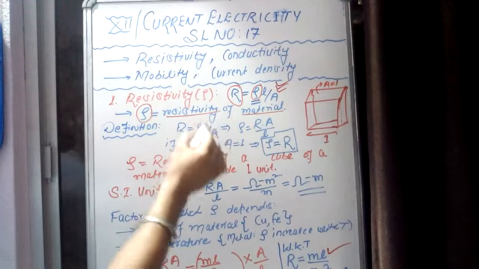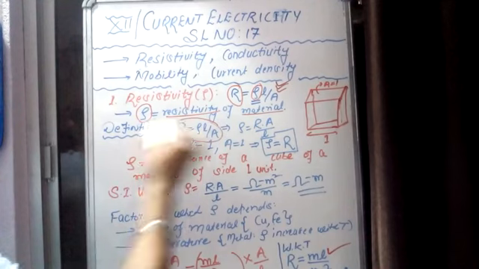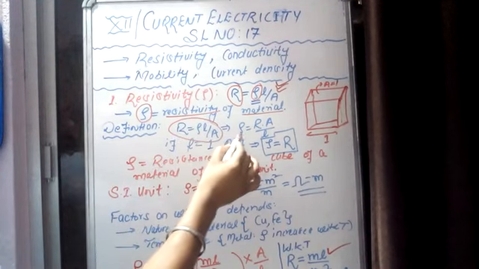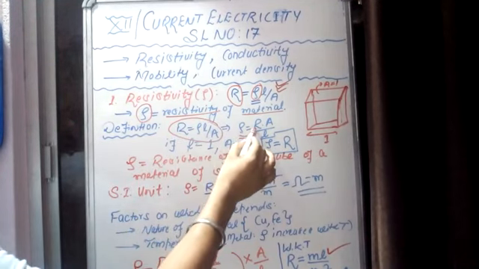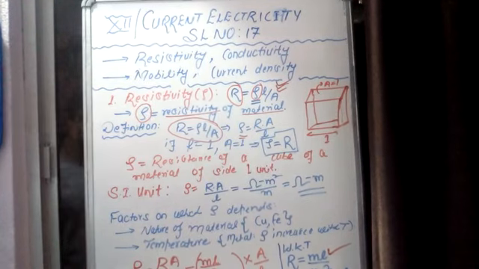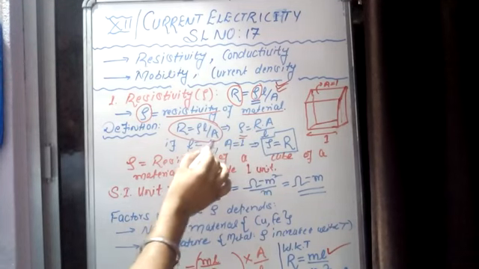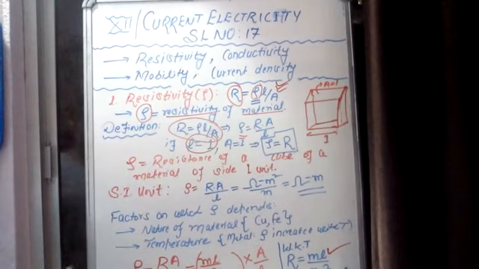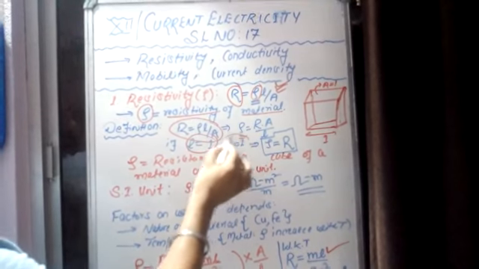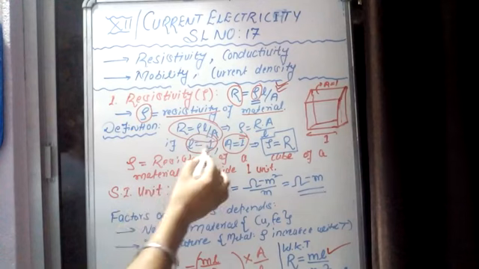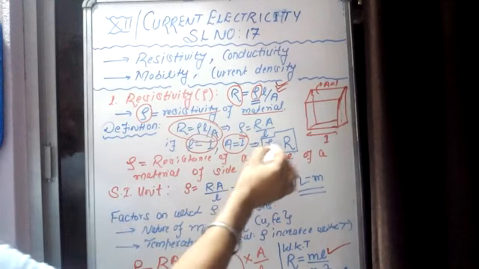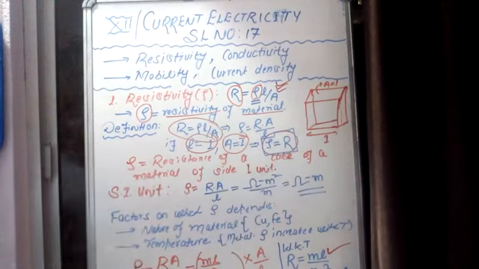Now from this formula, we can say that rho is equal to RA by L. Now let us suppose if L is equal to unity, area is also unity, then after putting we will get rho is equal to R. What does it mean?